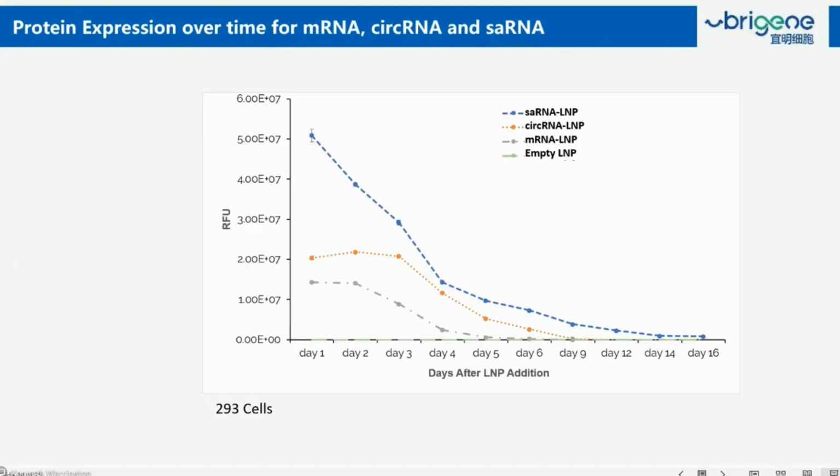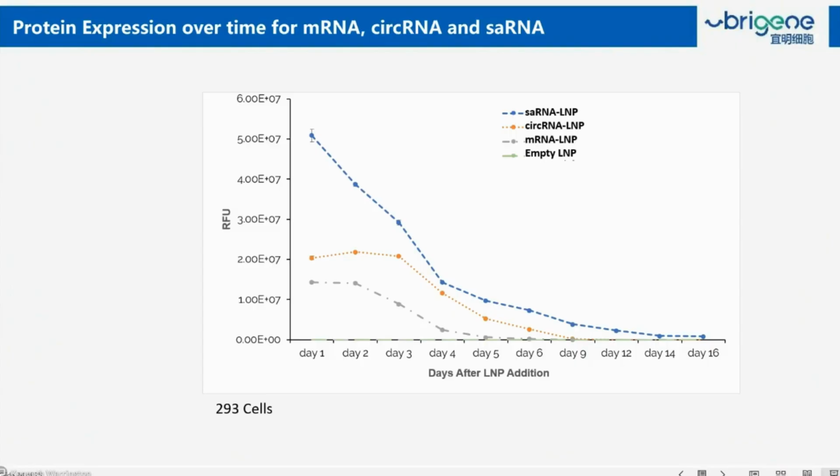So I'll conclude and then we can move on to questions. I just wanted to conclude with a slide where we actually compared all three of these forms. And we saw what one would expect. The self-amplifying RNAs are about 5-fold higher expression at day 1 compared to an LNP that contains mRNA or circRNA and tends to extend out expression longer than the other forms.